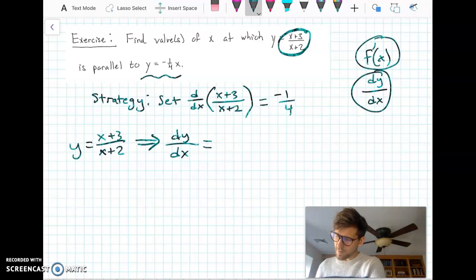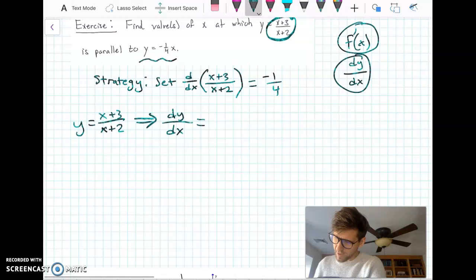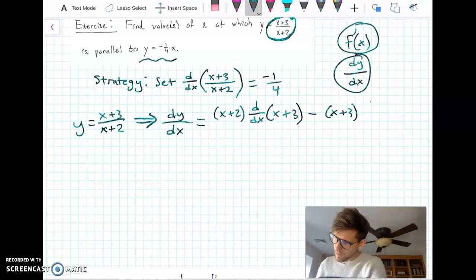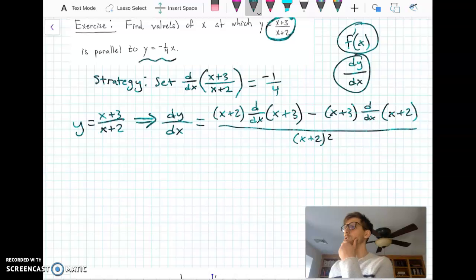So the derivative, low d high minus high d low over low squared. Okay, not too bad so far.